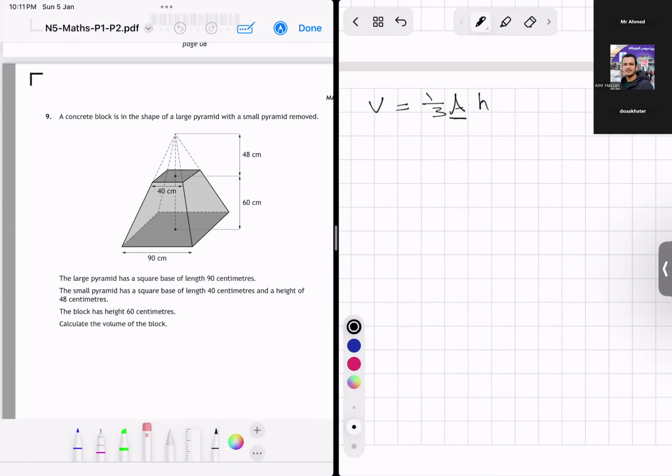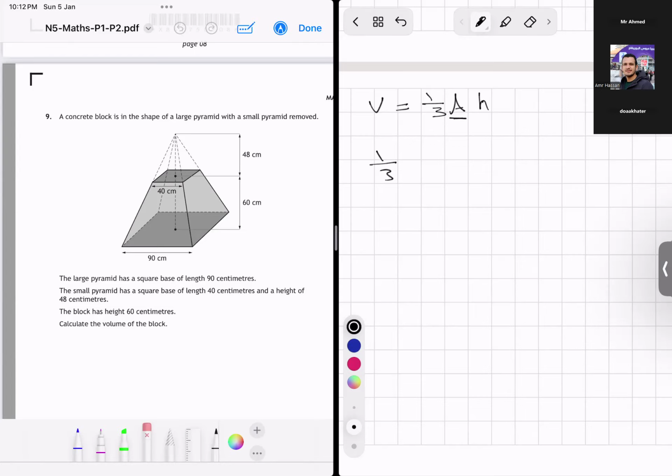But the point is, we get a third, right? Even if it is a cylinder, the volume of the cylinder is pi r squared times height, which makes sense, base area times height, but the area is a circle, so the area of the circle is pi r squared, multiplied by height. Did you get it? So here we have a third multiplied by the area.